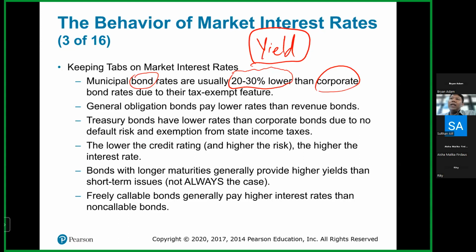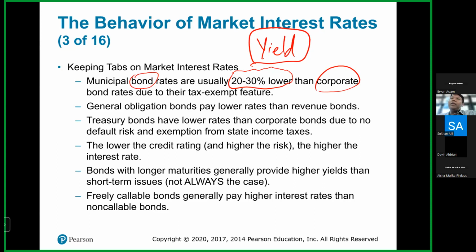We call this the tax-exempt feature, so you don't need to pay tax when you buy municipal bonds. It is different with corporate bonds, where you have to pay tax.